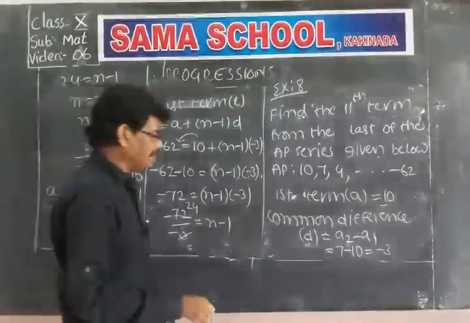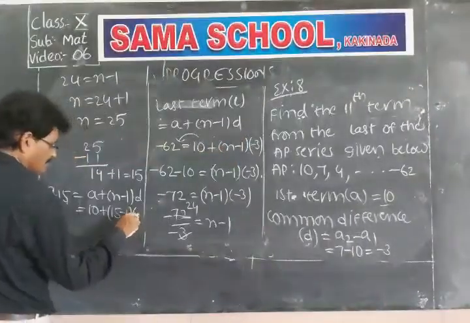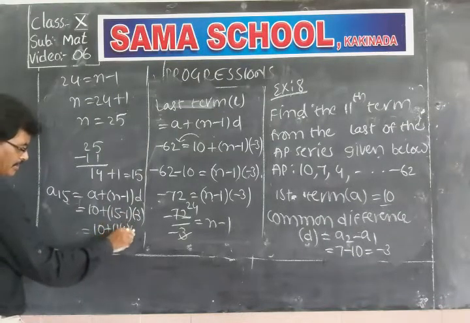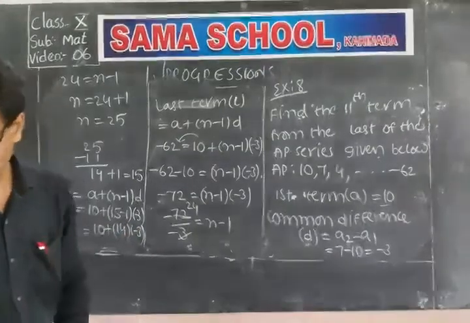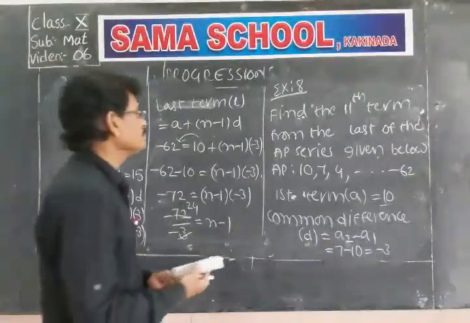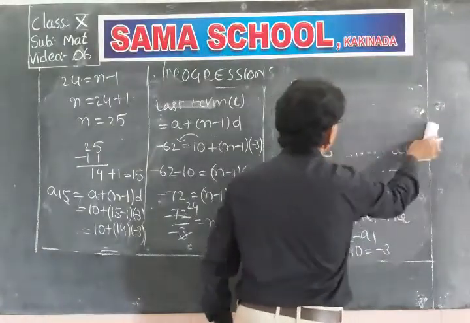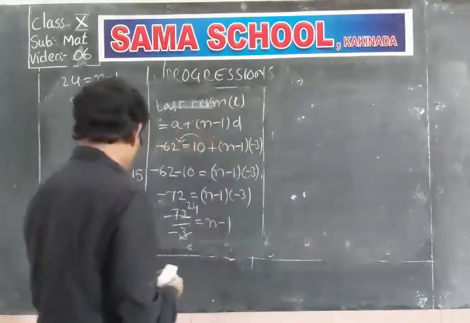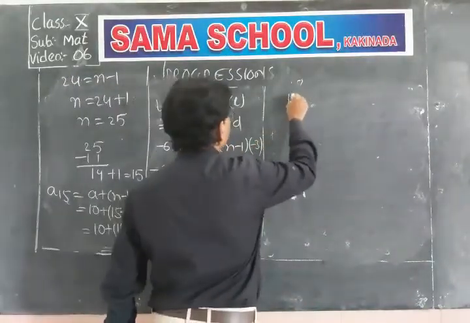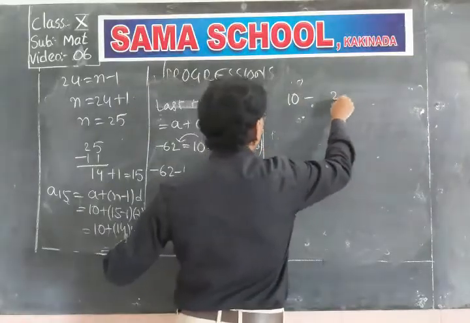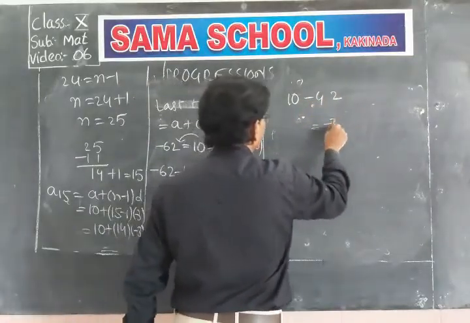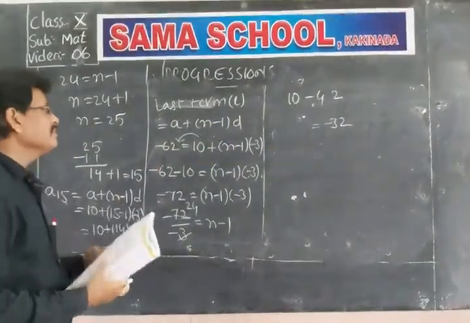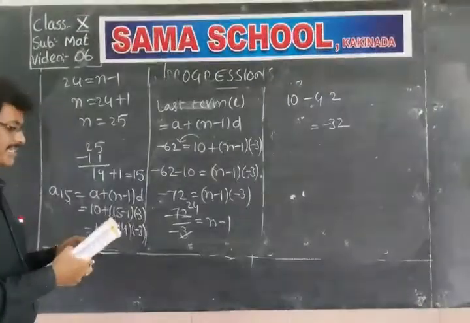The d value we already have here is minus 3. 10 plus (15 minus 1), 14, into minus 3. So here 10 minus, 3 fours are 12, 42 minus. So like that we can find the value of a particular term from the last. Right.